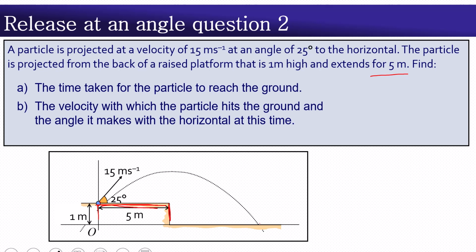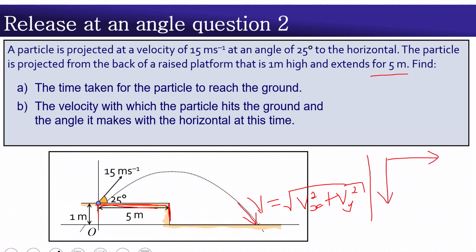and then the velocity with which the particle hits the ground and the angle it makes with the horizontal. So I told you that if you want the velocity here, you need v. This velocity will be the square root of the velocity in the x squared plus the velocity in the y squared. If you want the angle, remember, the velocity in the y goes like this and the velocity in the x goes like that.